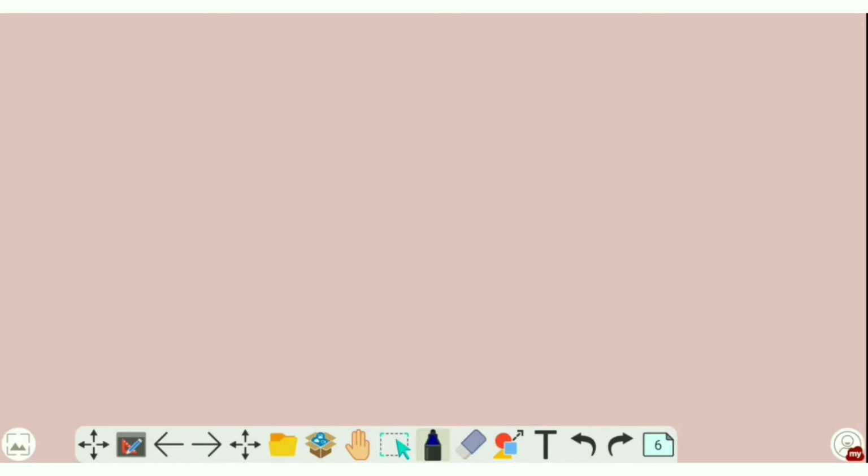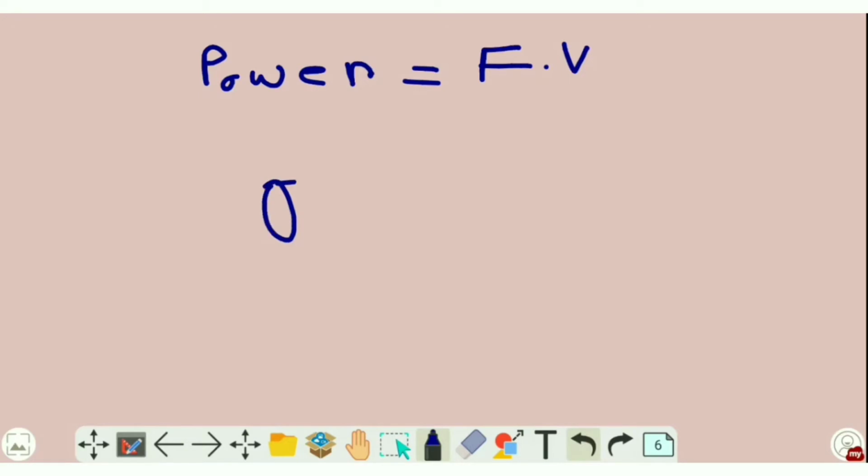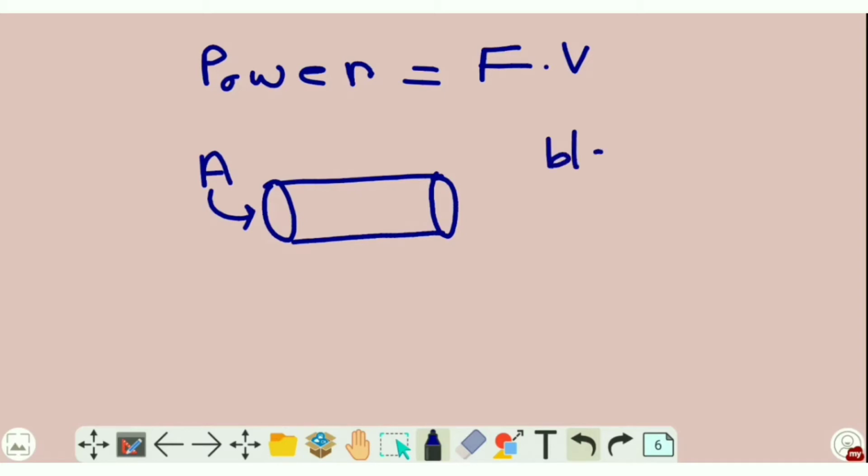From the previous problem, we know power is equal to F into v. Now let's look at a figure. This is the artery, its area let's say A, and the blood is moving with velocity v.